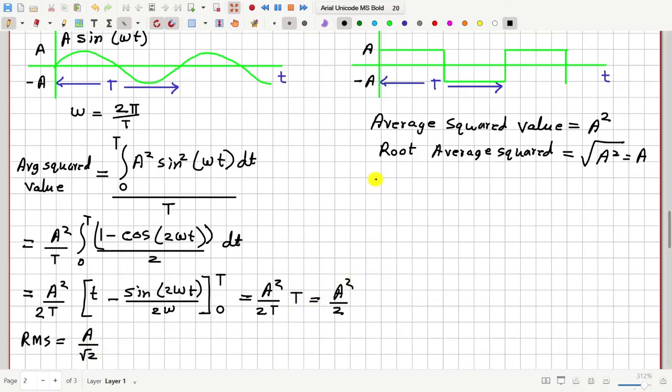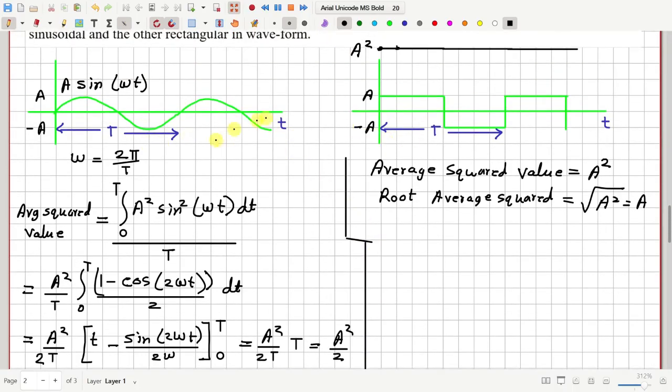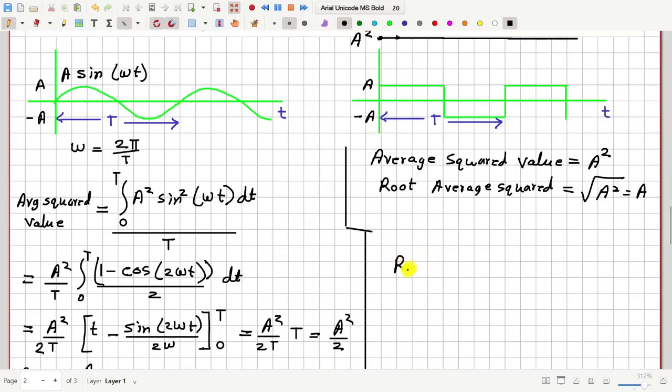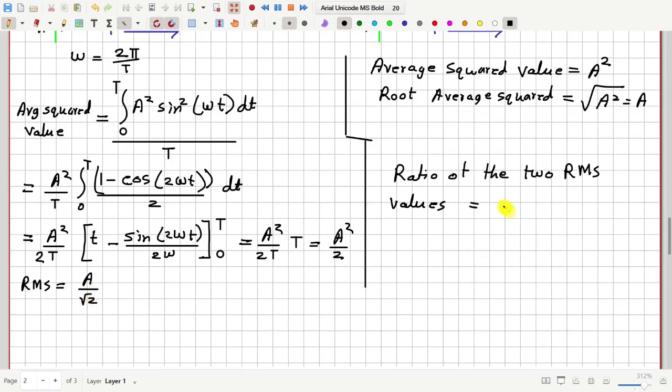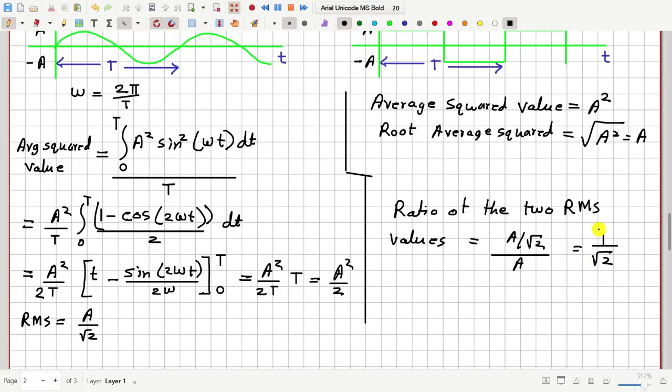Therefore the ratio of the two RMS values will be equal to A by root 2, whole divided by this A, which is 1 by root 2, and that is the answer.